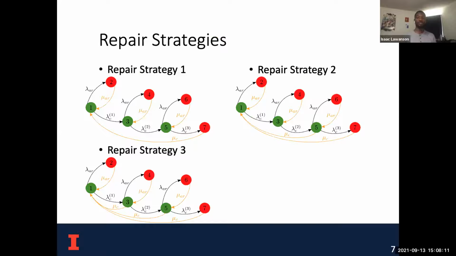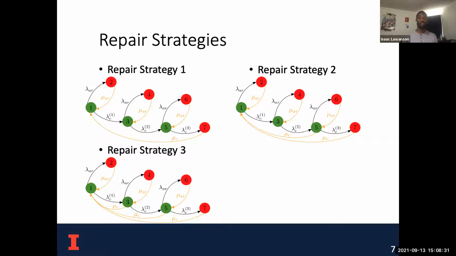The repair strategies that we looked at to calculate our availability for the baseline and proposed architectures are as follows. We're focusing on the capacitor and the capacitor's life. So for all of the active rectifier positions, if it fails, then we fix it at a repair rate of mu AR.